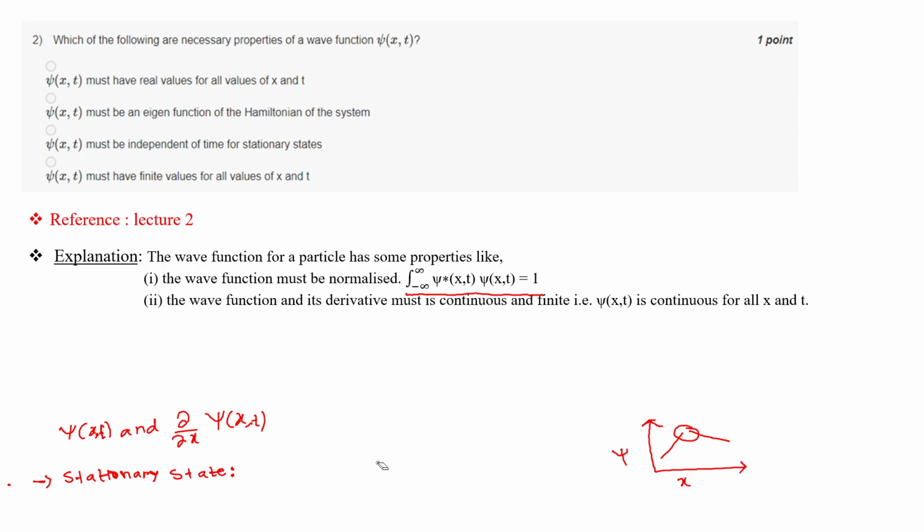Okay, and the fourth option is that psi(x, t) must have finite values for all real values of x and t. Here what is it written? That it is continuous and finite. The wave function and its first derivative are continuous and finite for all values of x and t. So this is the correct answer.